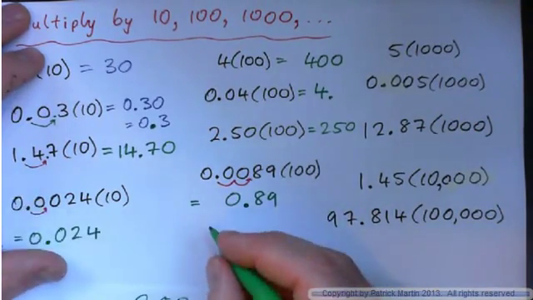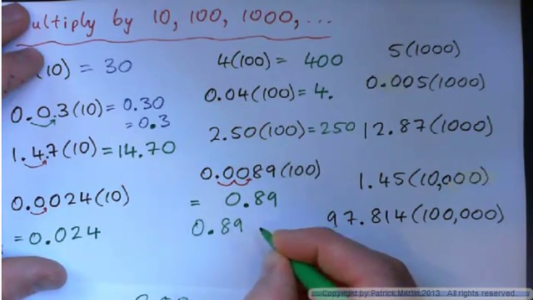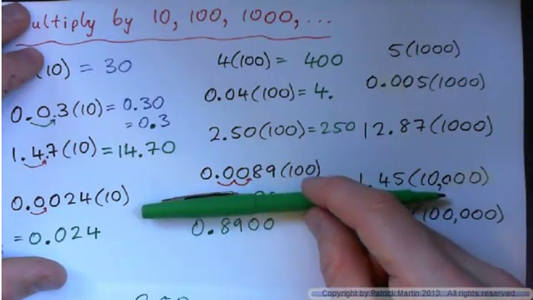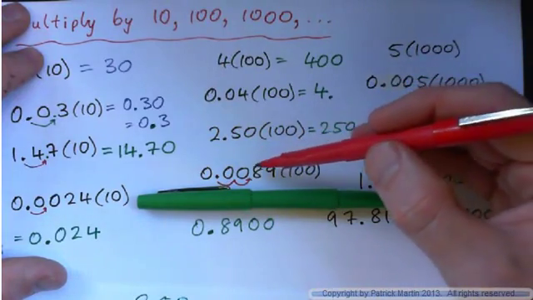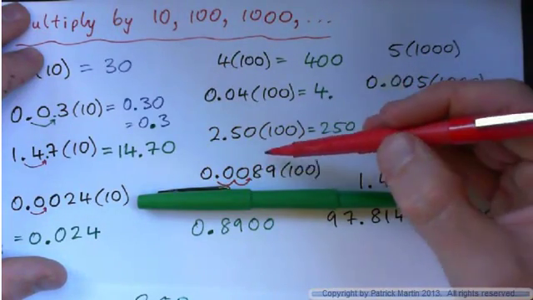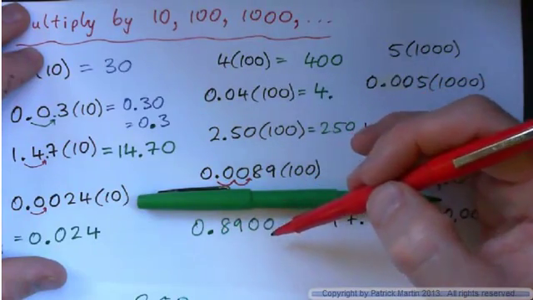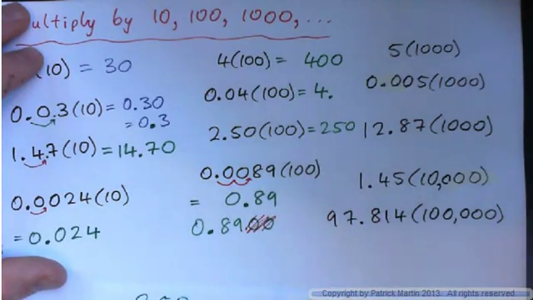Another way of looking at it is 0.0089 is 89 10,000s. We times it by 100. We get 8,900 10,000s. Of course, you don't have to write these zeros in, so just 0.89, right?